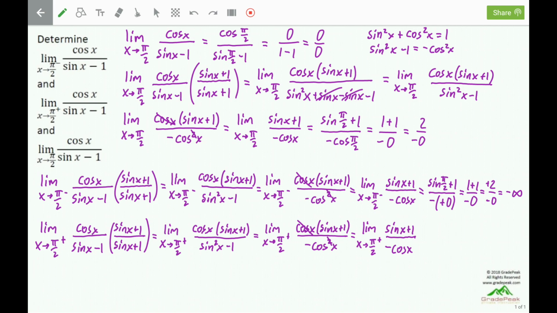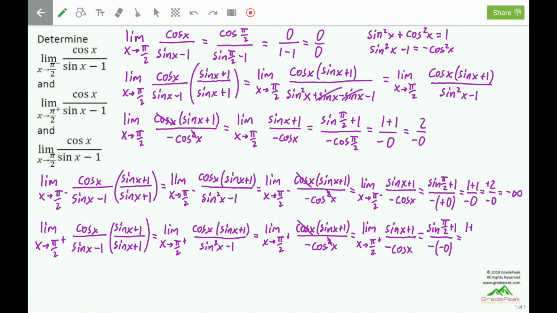And therefore, cosine of x can be replaced with a negative 0, and pi over 2 can be plugged in for all other x's. This will give a sine of pi over 2 plus 1 over a negative, and cosine can be replaced with negative 0 since it's in the second quadrant here as it approaches pi over 2 from the right side.